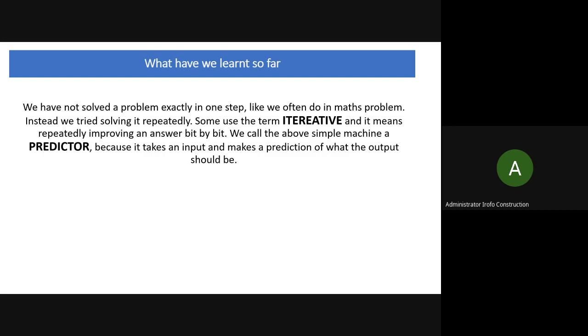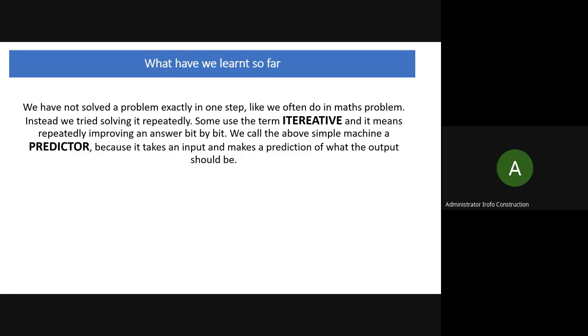All right. One thing you should know is that they brought another term here, iterative. The reason we say it's iterative is how we were able to improve our function. We didn't do it just once, like how we can solve a math problem like a simultaneous equation, solve it once, then we are gone.